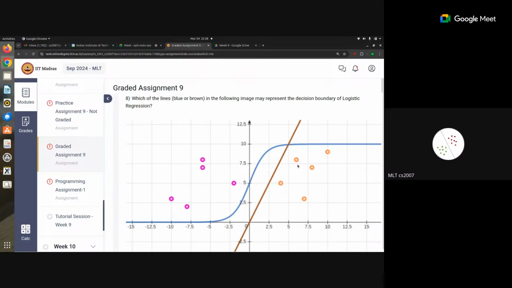Maybe this is one of the solutions. I'm not saying it is the correct one. The blue line is not correct because it is not passing through the origin, and it is not a sigmoid function. Generally, the decision boundary of logistic regression is linear.